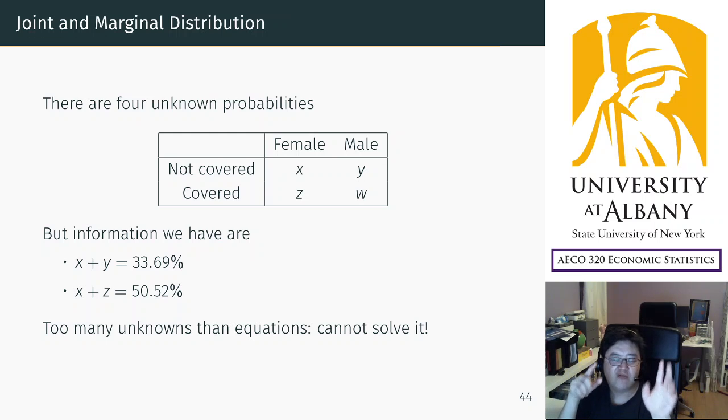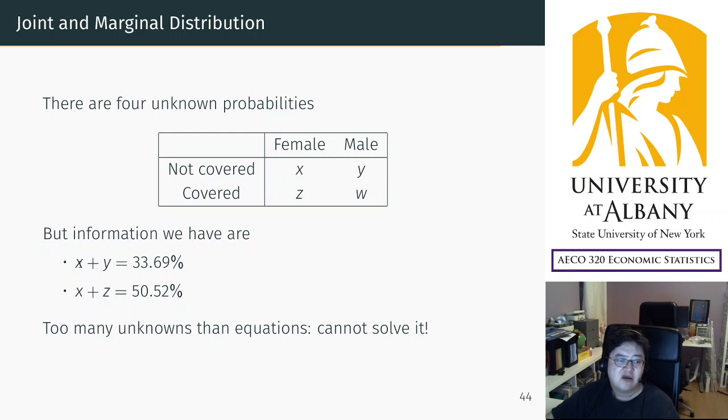If we can solve the problem for these four unknowns, then you can calculate the joint probability distribution. But the information we have is only these two equations.